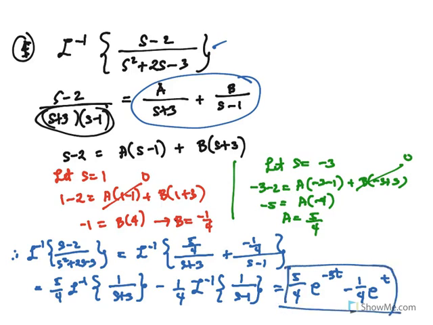Kasi ang form natin is 1 over s minus k. So, ang magiging inverse Laplace is e to the kt.